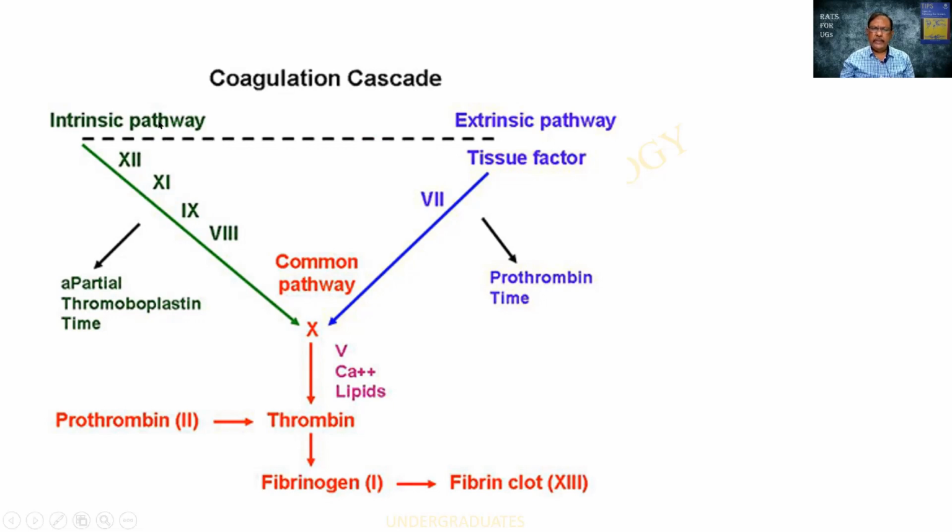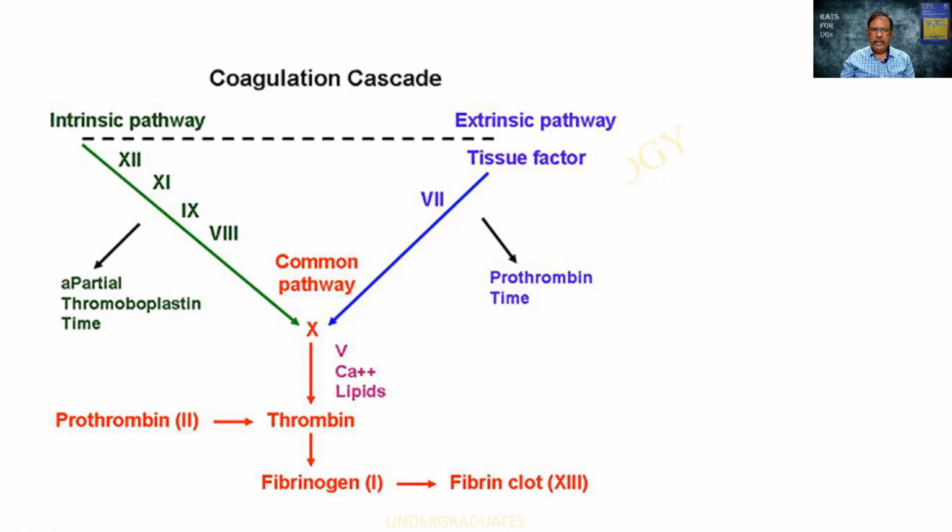The intrinsic pathway, on the other hand, is composed of a cascade of events. The inactive form is converted into an active form. So you people should remember this: 12 to 12A, 11 to 11A, 9 to 9A, 8 will be there, which helps in the conversion to factor 10. And here APTT will be the test of choice.